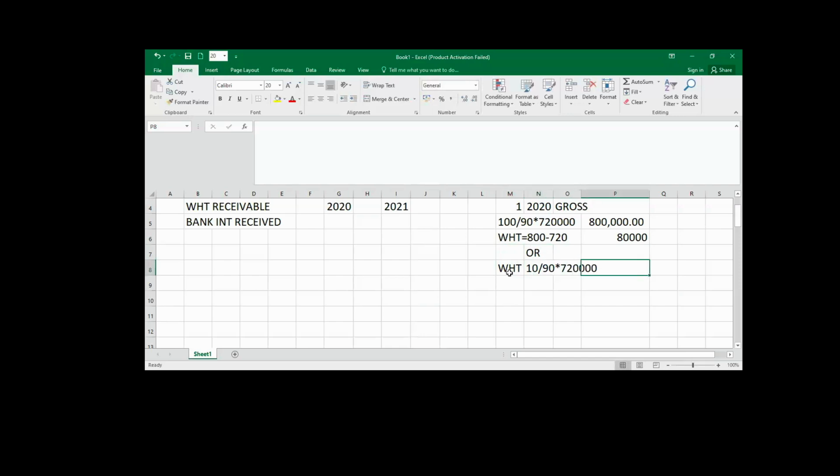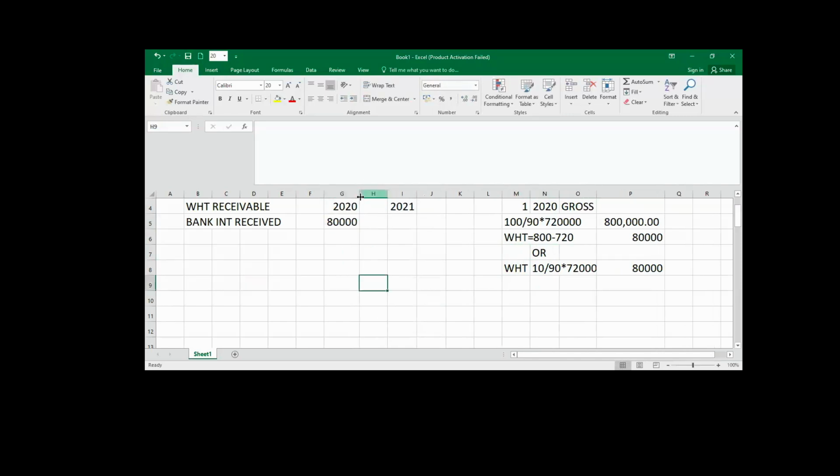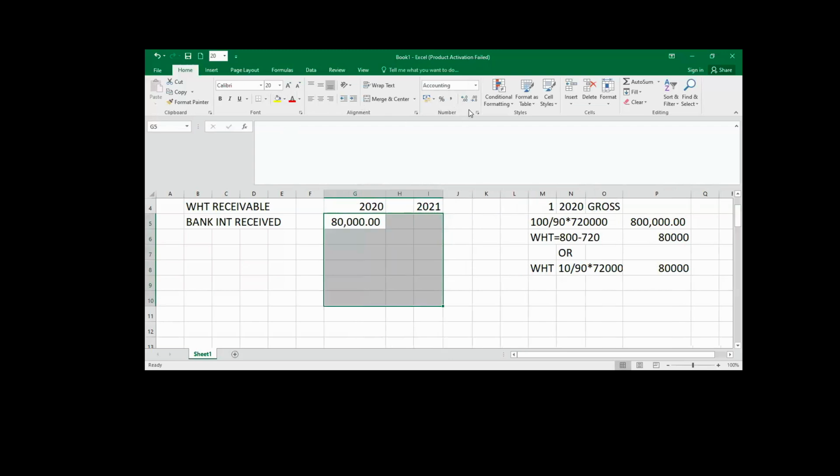That will give me the same 80,000 that we calculated. Either way, you get the same 80,000. That is what we use for the withholding tax for the first scenario. Any question on that? That is in the case of 2020.